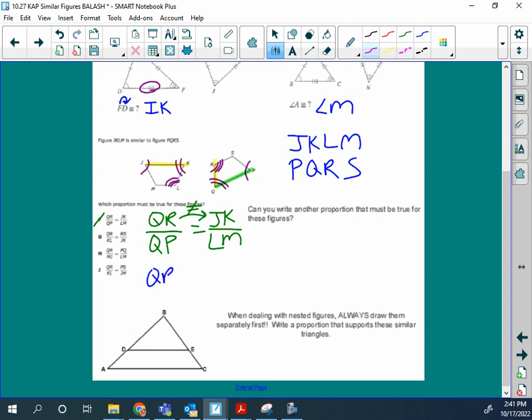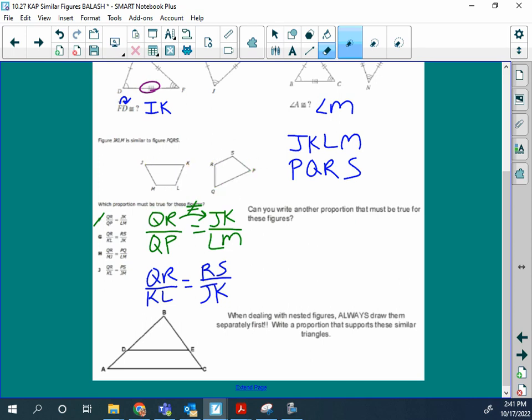So QR over KL equals RS over JK. Okay, so I'm going to erase this highlighting here best I can. Put it here. Maybe it would be better just to start over each time.